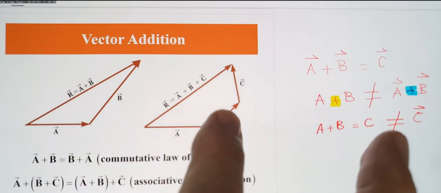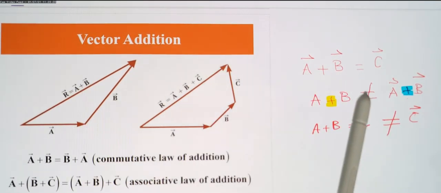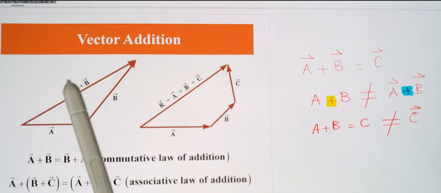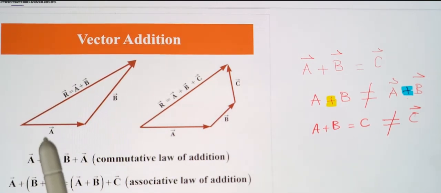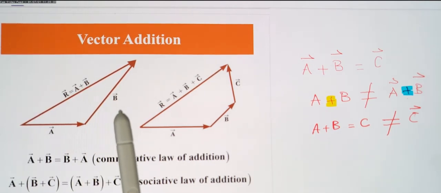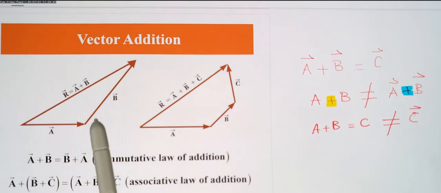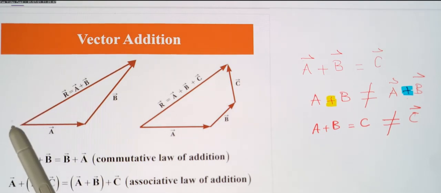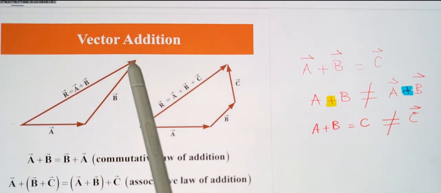And this plus, the one for vectors, it's literally, if we have two vectors, we bring the tail of vector B onto the head of vector A, and then we draw a line from the starting point to the end point.